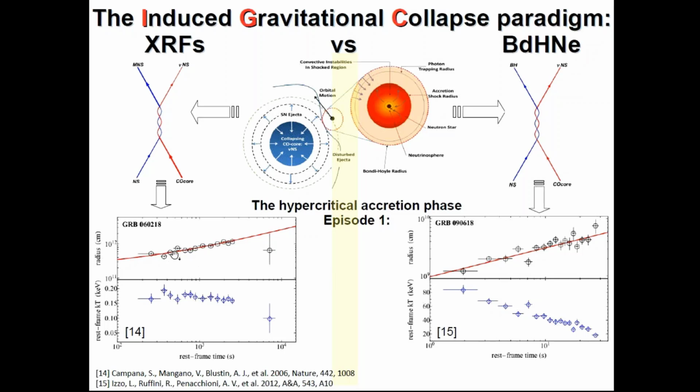You can appreciate different radii and temperatures, because this system is characterized by a larger accretion region. Instead, in BDHN this region seems to be narrower, because the radius is between 10^9 and 10^10 centimeters, while here it was 10^12, and the temperature is higher because it's more compact.